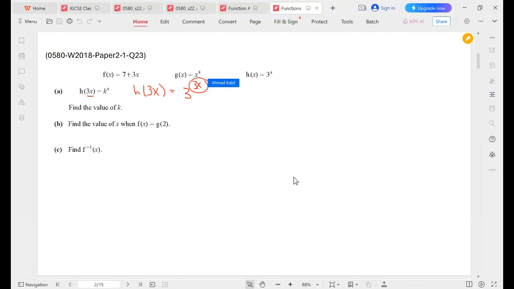What I did here is to simply plug 3x instead of the x in the original function. Now, 3 power 3x is the same as 3 power 3 all power x, and this is equal to 27 all power x. So therefore, the value of k here is 27.